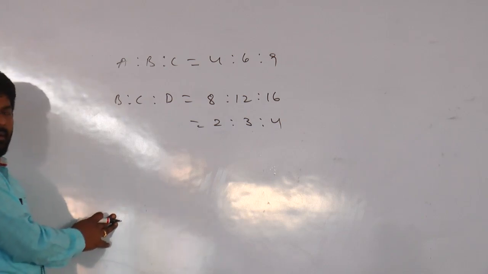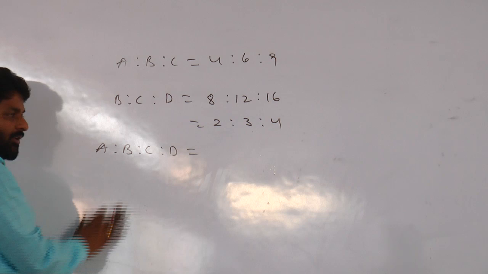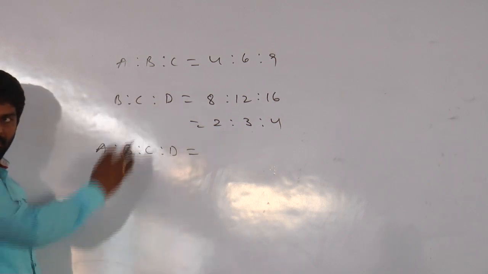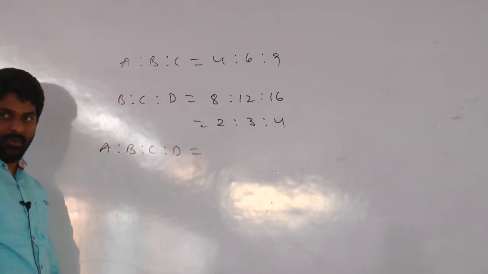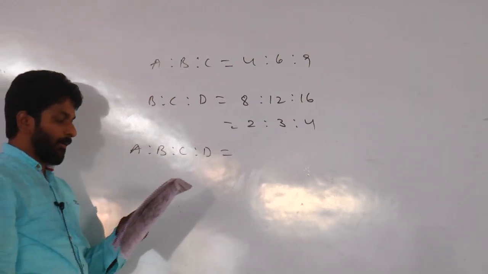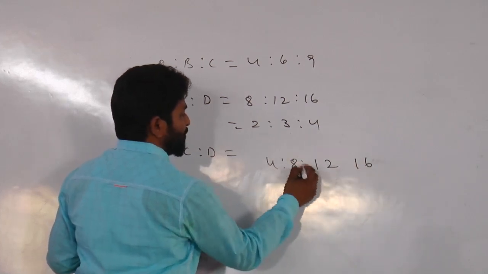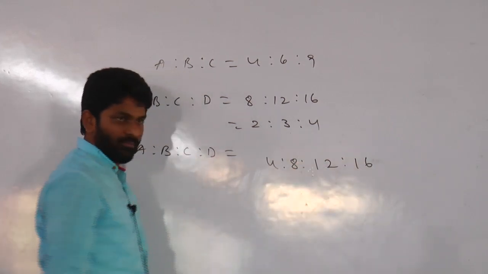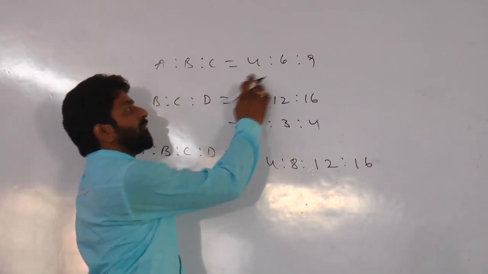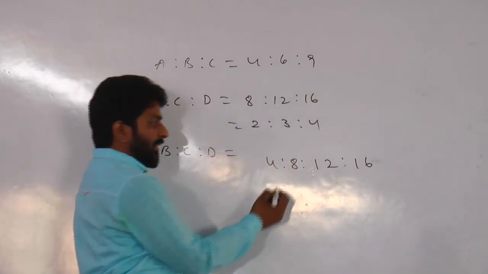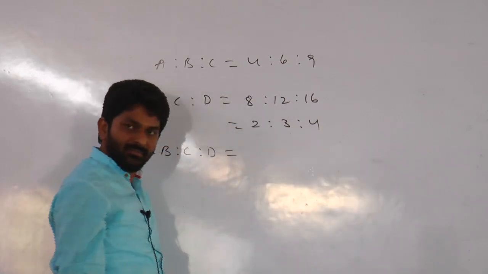Right. You are asked about A, B, C, D ratio. So for these type of questions, don't try to solve A, B, C, D values. Try to verify it from options. What is your first option? 4, 8, 12, 16. So here this is A, B, C, D ratio. If this is true, A is to B is to C must be equal to 4 is to 6 is to 9. Is this satisfying the rule? First option cannot be your answer.